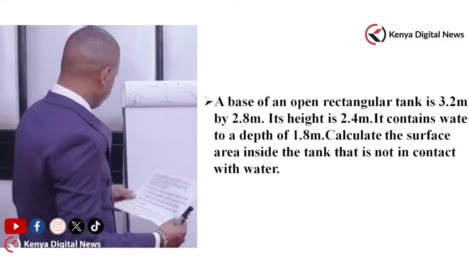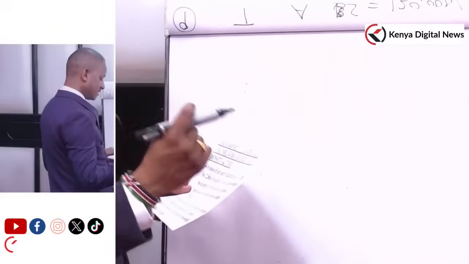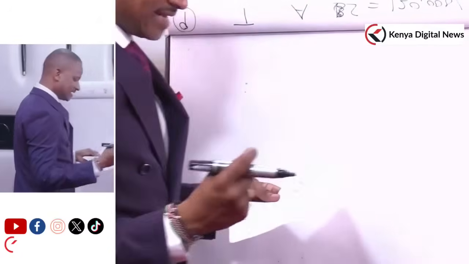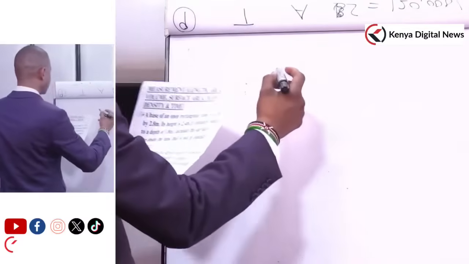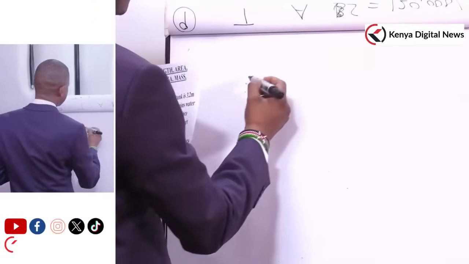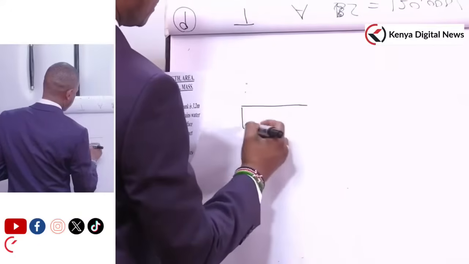Class, be very keen with such questions. They want the surface area inside the tank that is not in contact with water. So you are told that a base of a rectangular tank. So just draw a rectangular tank. We can do that.